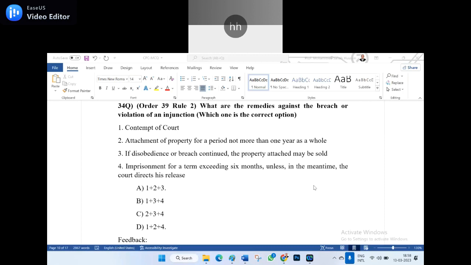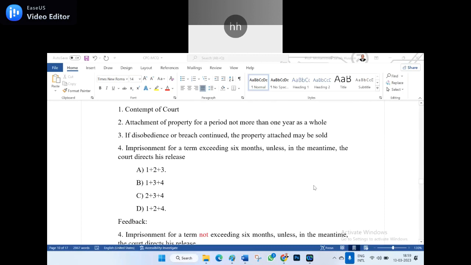A, 1 plus 2 plus 3 is the correct answer because in 4 I committed a mistake there. Imprisonment for a term exceeding 6 months unless in the meantime the court directs his release. I removed the not from imprisonment for a term not exceeding 6 months. I removed the not.